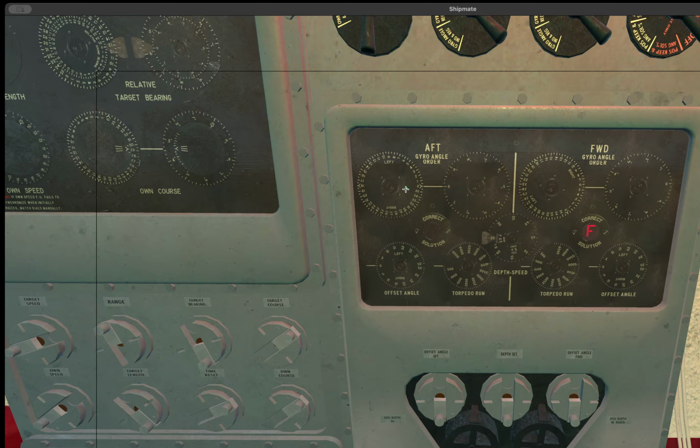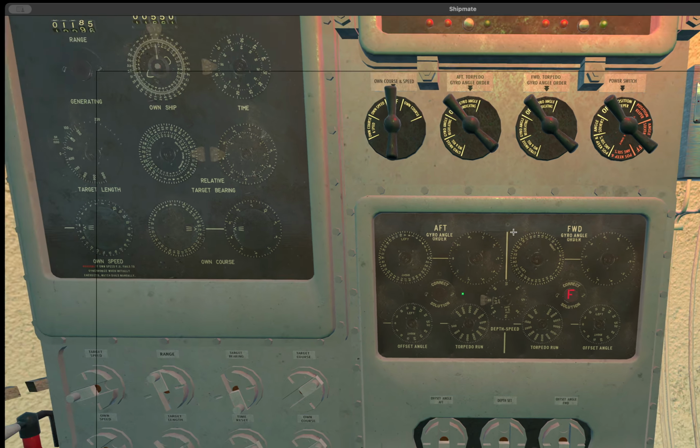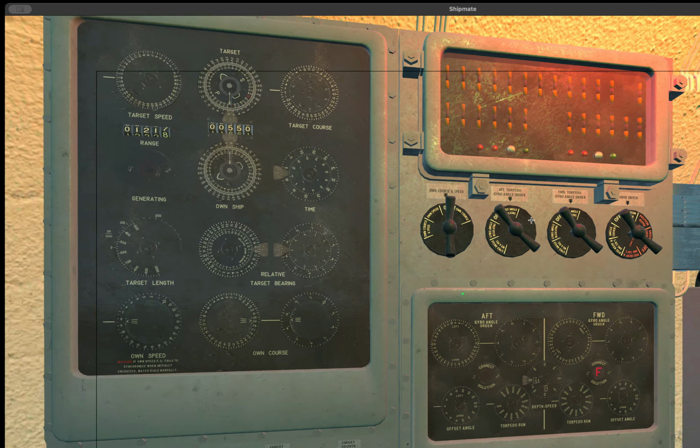If we shoot from the after torpedo tube, the torpedo goes to the left if the gyro angle is less than 180. Okay, that's all I wanted to show for TDC.